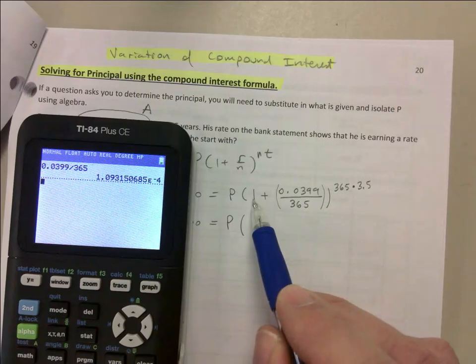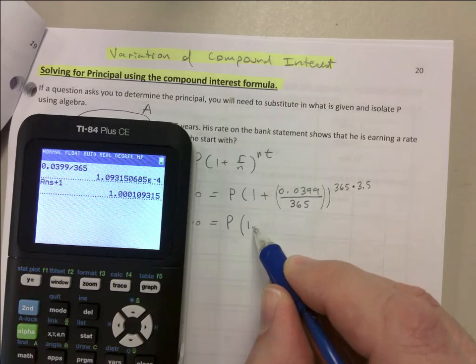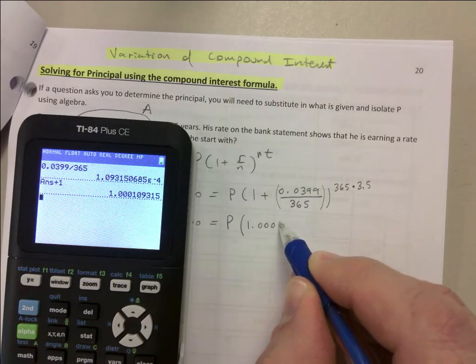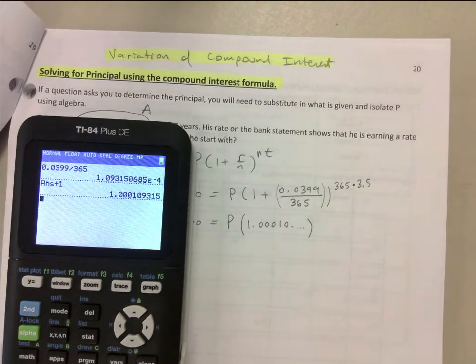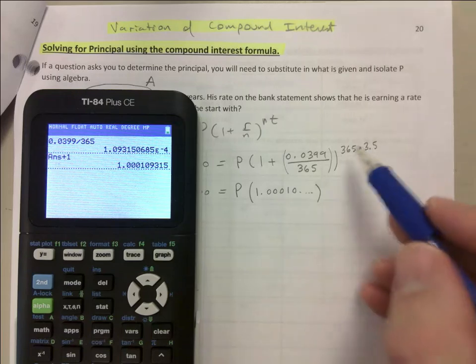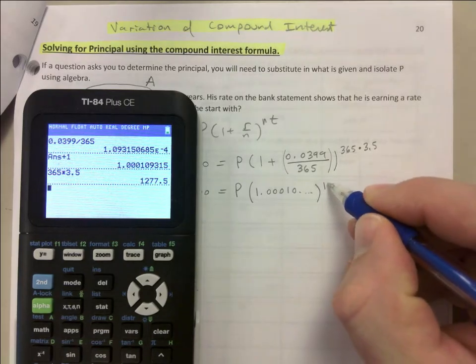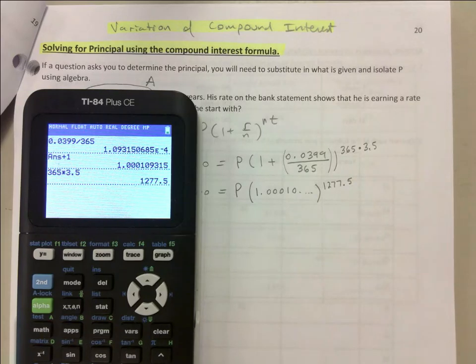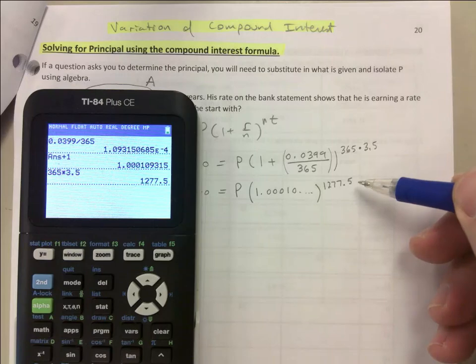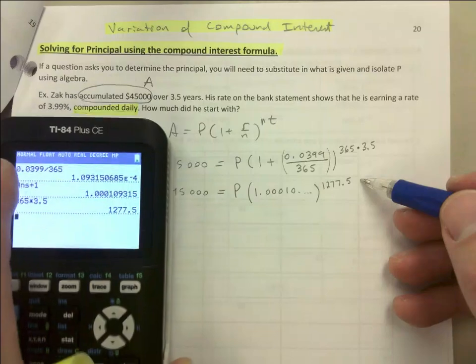We add 1 to it, plus 1. So inside the bracket is 1.00010, all of that. Let's figure out 365 times 3.5. That is 1277.5. And yes, it's weird to have a decimal as your exponent, but that's just part of this process.